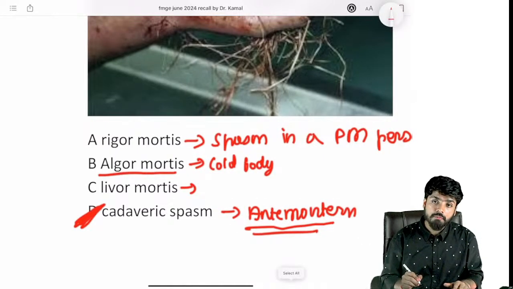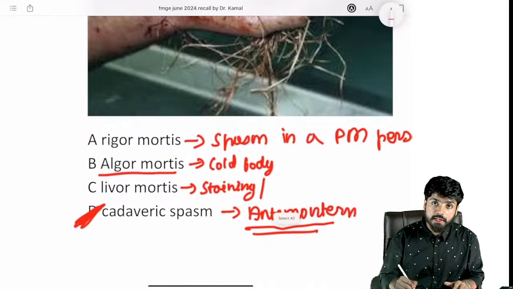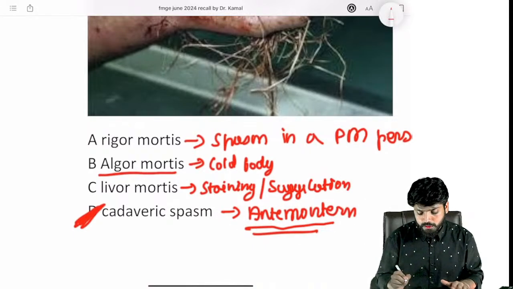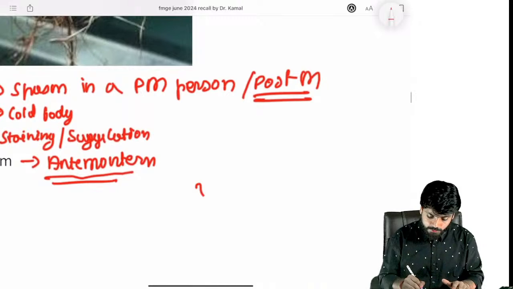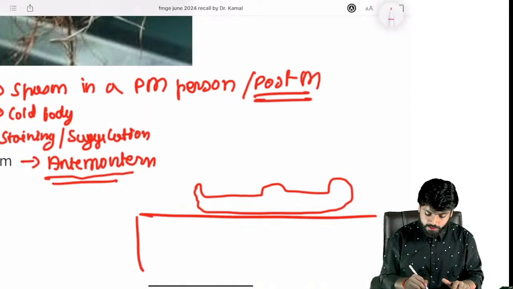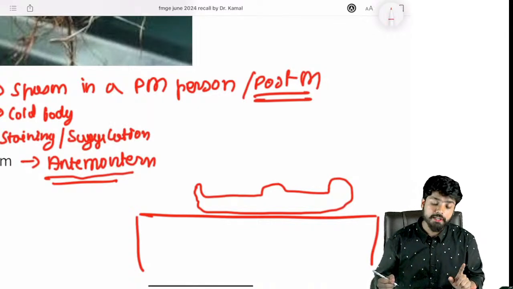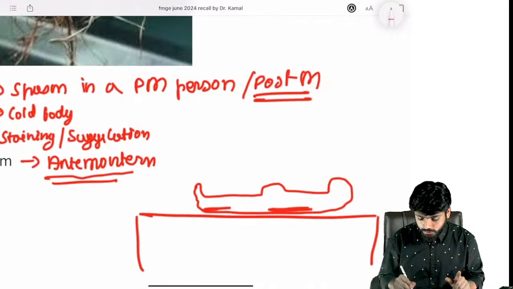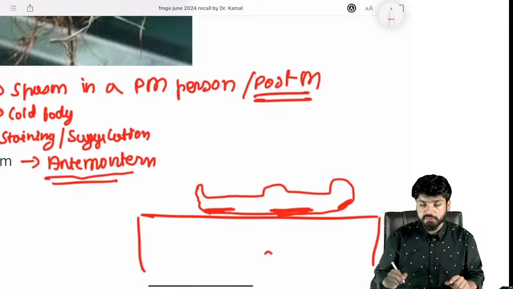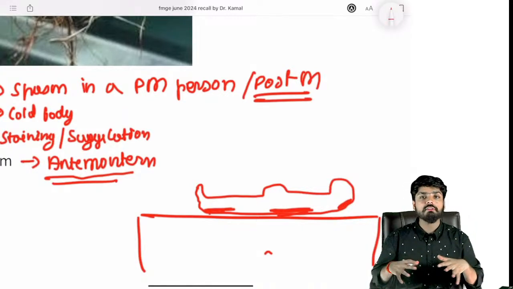And livor mortis is tanning, or the very popular name for this, sugillation. Now you can remember, if the patient is lying like this on the table, we will always see sugillation on the dependent parts: over here in the occipital region, lower back, and around the feet, because after the patient dies, all the vessels in our body vasodilate.